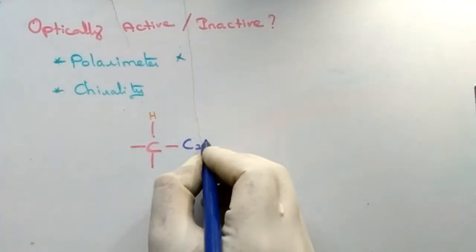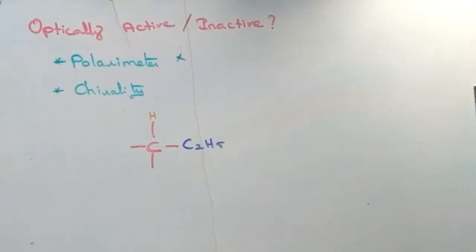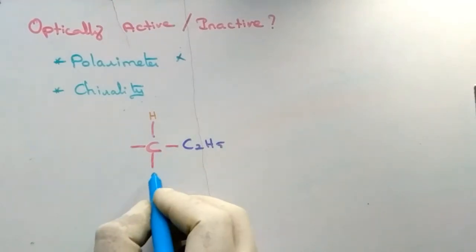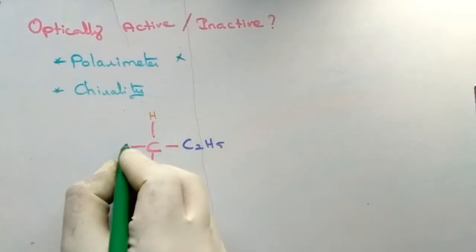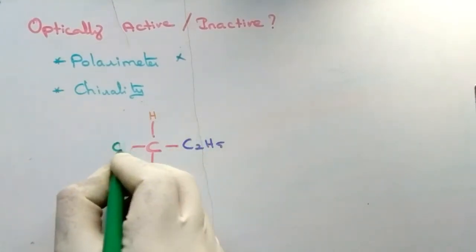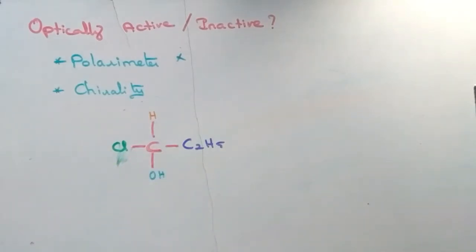If it is attached with hydrogen, here an ethyl group, for example an OH group, here a chlorine group.